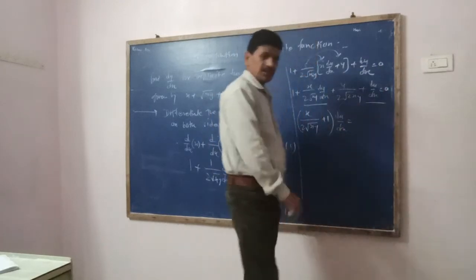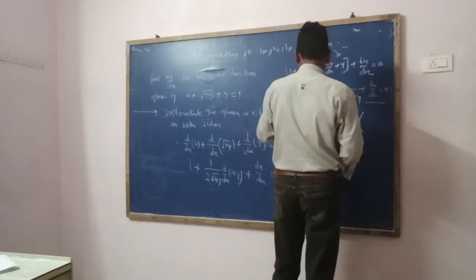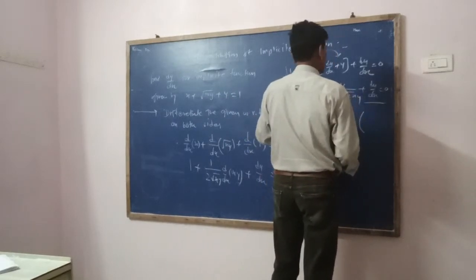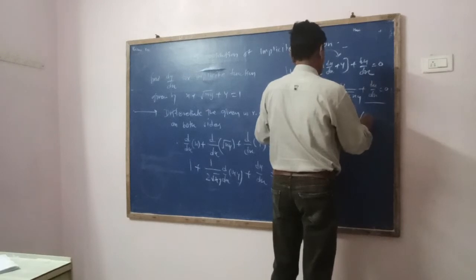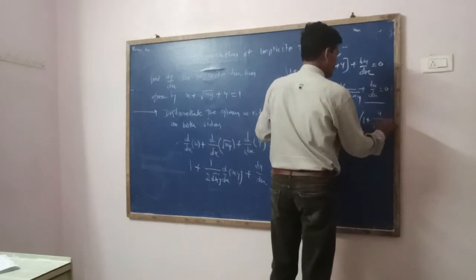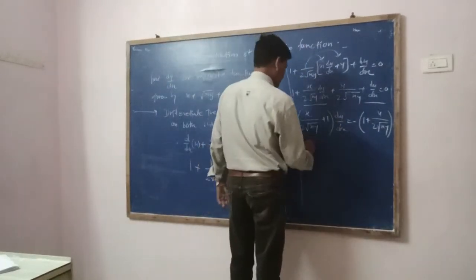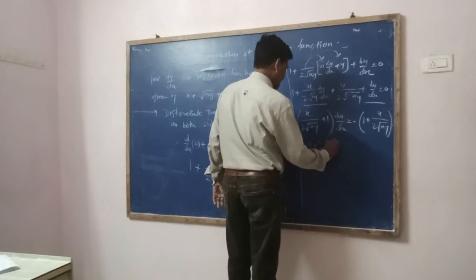We have minus 1 plus y upon 2 root xy. On simplifying, we have x plus 2 root xy upon 2 root xy, dy by dx, is equal to 2 root xy plus y upon 2 root xy.